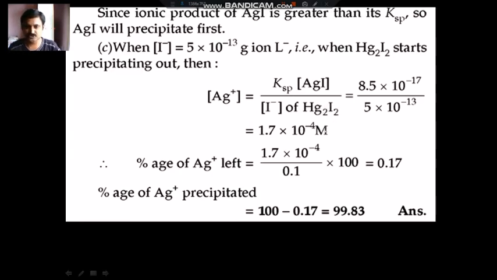Upon substitution, we got the silver ion concentration as 1.7 into 10 power minus 4. Now, what is the percentage of silver left? That is this value by 0.1 into 100, which is 0.17. So the percentage of silver precipitated is more, that is 100 minus this number, 99.83. That is the right answer for this question.